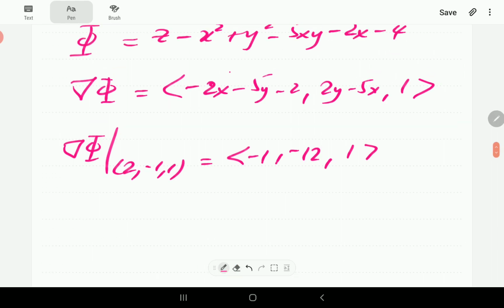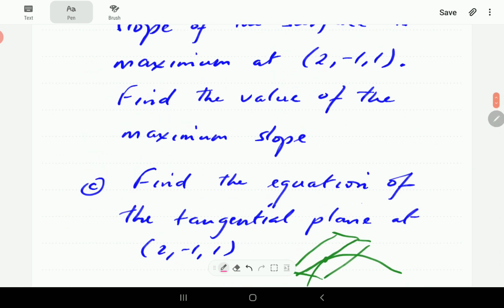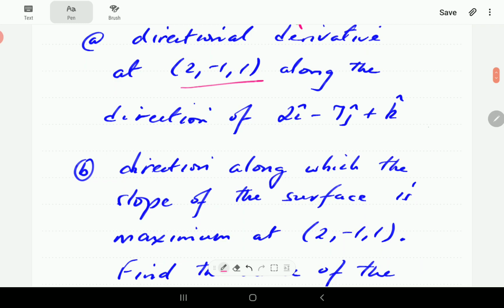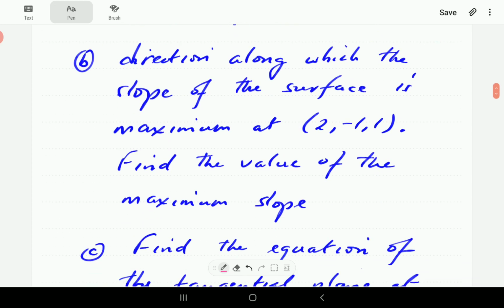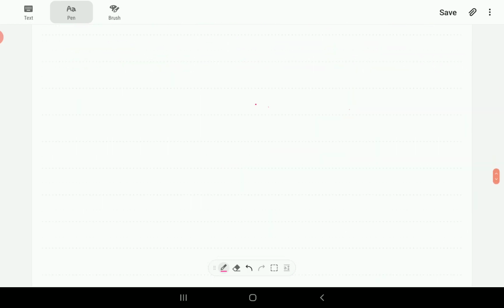Then next we need the unit vector along the given direction. So if we take this and call it vector A, we need the unit vector along the direction of A. So it's just going to be that vector, which is 2, minus 7, 1.